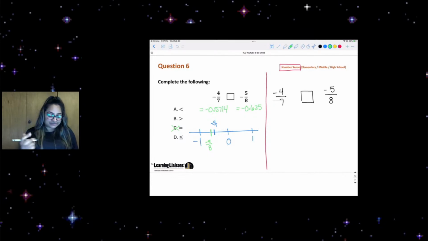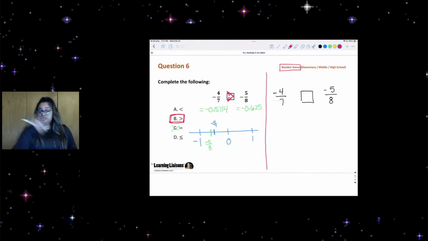Actually, the opposite of positive numbers. So in this case, negative 4/7 is larger than negative 5/8. So our winner chicken dinner is B, because the alligator loves to eat the larger number.